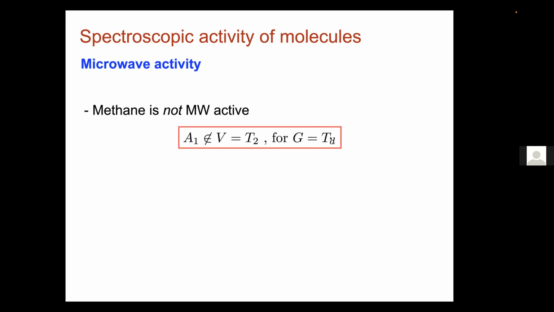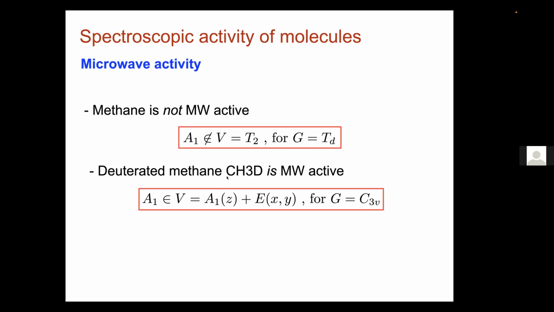Since this is the group of the molecule, there is no way it can have a permanent dipole moment, because it wouldn't be invariant. And this is a contradiction. Okay, so just by knowing that V is equal to T2, you know that methane is not microwave active. You don't have to know anything else about the molecule, just the symmetry group.